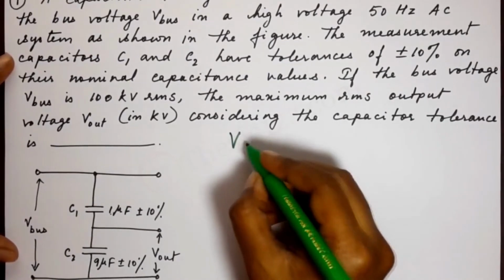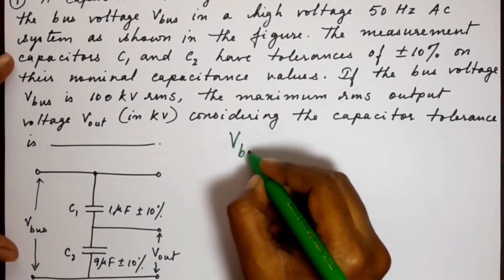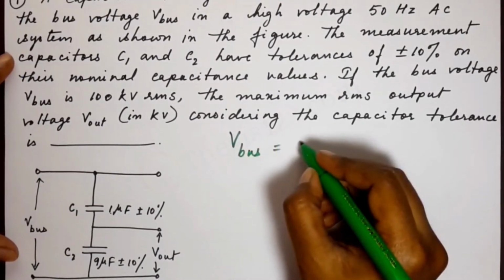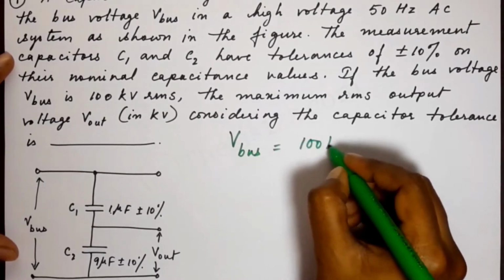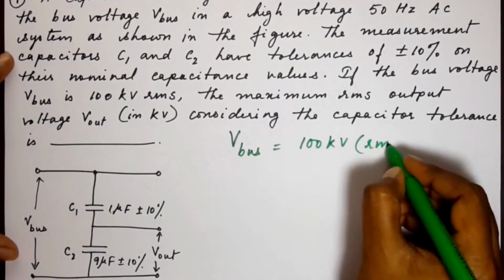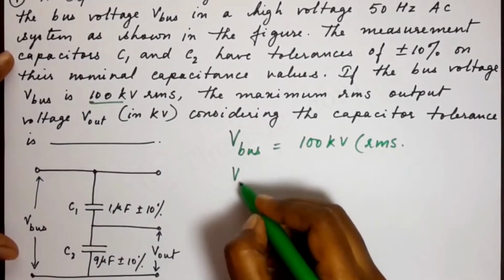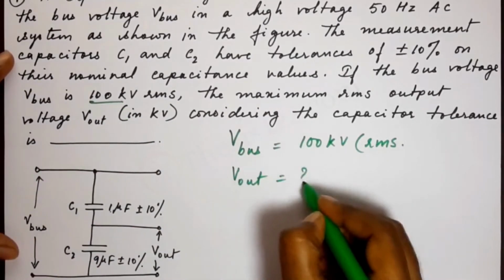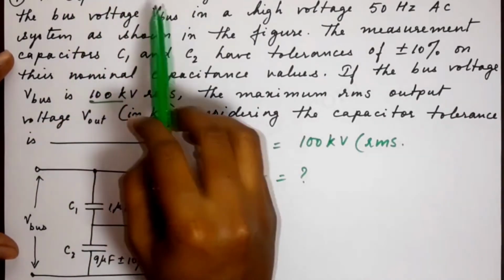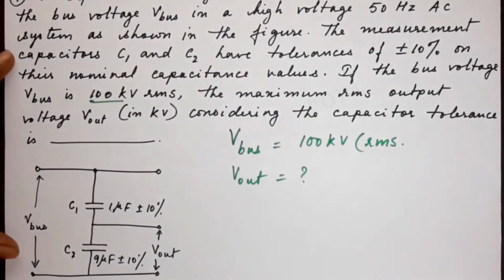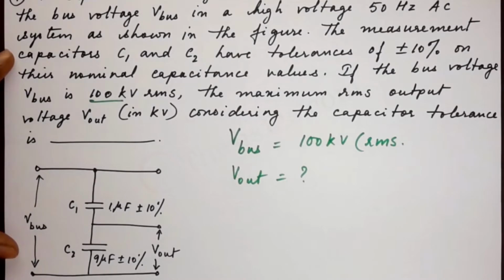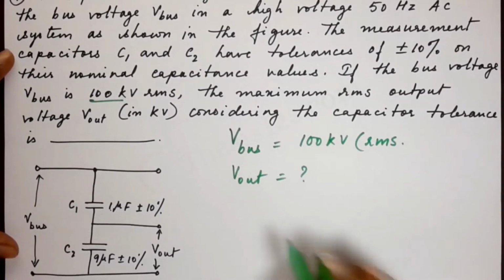So let me write this down here. We have V-bus given to us as 100 kilovolt RMS, and then we have to find out what Vout is. Since this is a capacitive voltage divider, we go back to our basics and use the voltage divider formula.